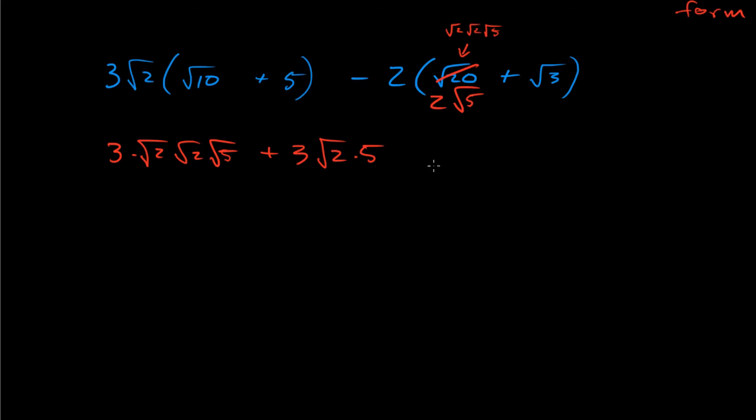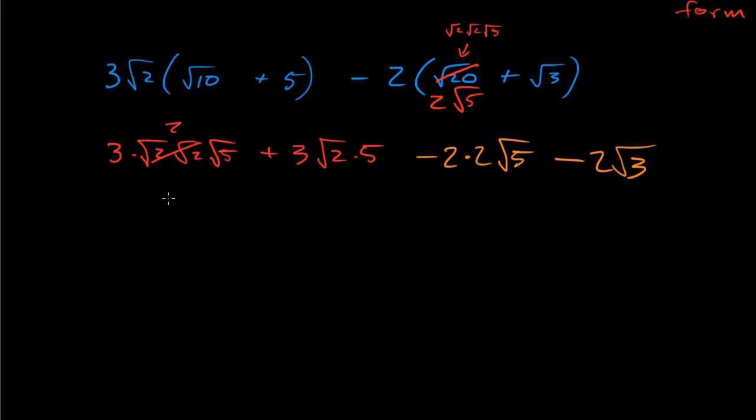Okay, let's move over to the second part. Now we have minus 2 times 2 root 5. And because the 2 is negative out here, we're subtracting 2, and the 3 is positive here, I'm going to minus again 2 root 3. Well, okay, so let's see. I can simplify this term. 3 times root 2 root 5, well, these are going to make 2.